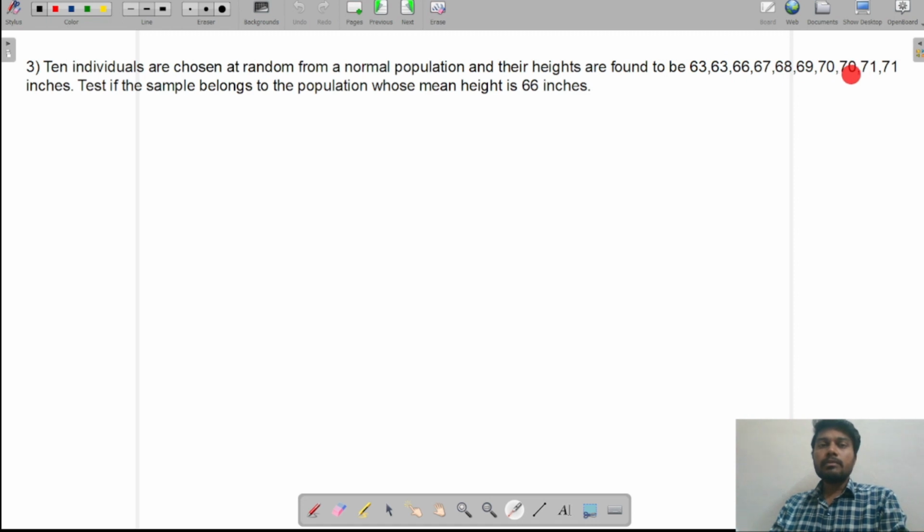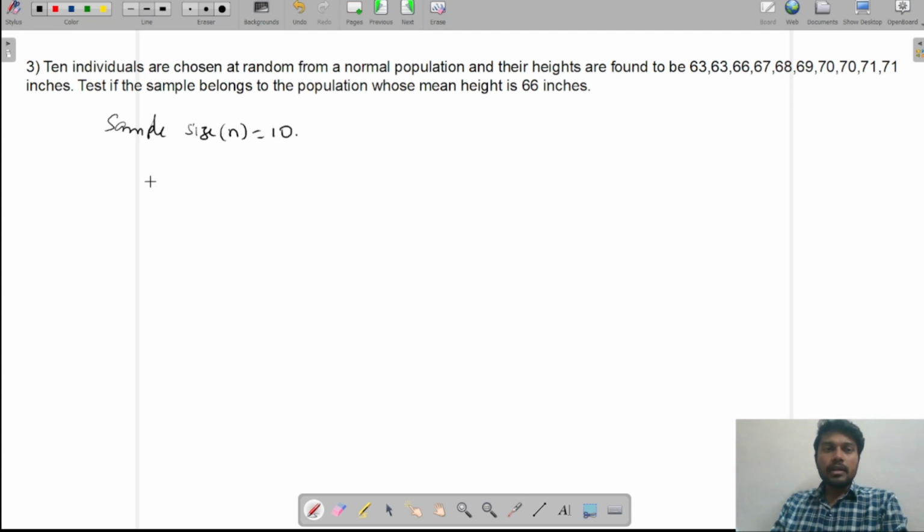So what observations are given here? They are the heights of the students. How many heights do we have? 1, 2, 3, 4, 5, 6, 7, 8, 9, 10. So that is the sample size, n equal to 10.